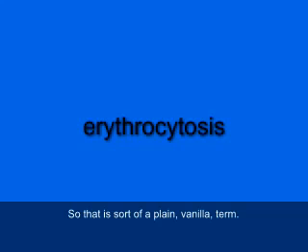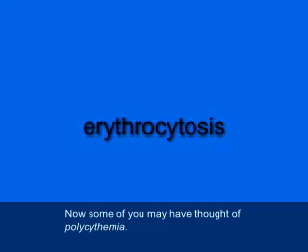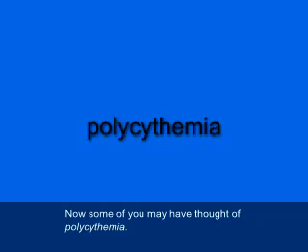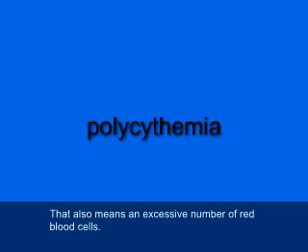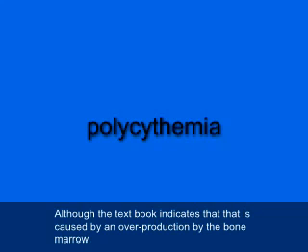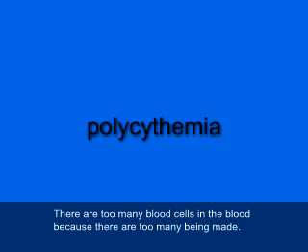So that is sort of a general plain vanilla term. Now, some of you may have thought of polycythemia. That also means the excessive number of red blood cells, although the textbook indicates that that is caused by an overproduction by the bone marrow. There are too many blood cells in the blood because there are too many being made.